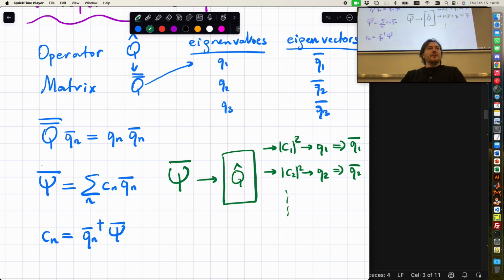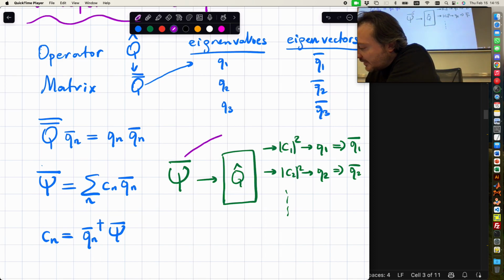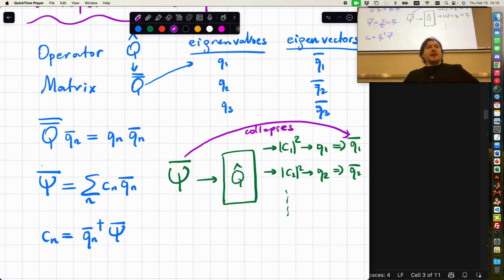So once you get your answer E1, your wave function is no longer phi, but suddenly, abruptly collapses to the eigenstate. If you take it as an explanation, that at least describes mathematically what's going on with the Stern-Gerlach experiment.